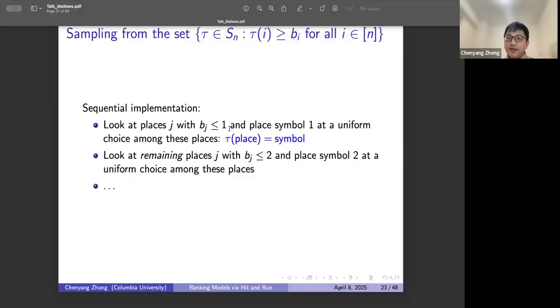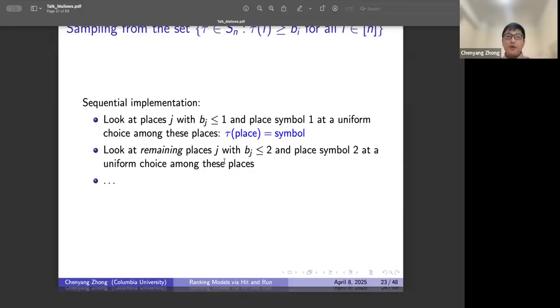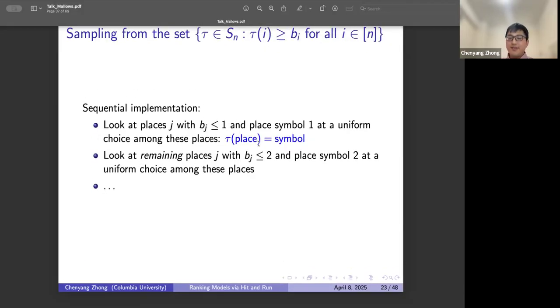And we are going to place the symbol 1 at a uniform choice among those j's. So this means that we pick some j uniformly at random from available locations, and we are going to specify tau j to be equal to 1. And similarly, after we have determined this place j for the symbol 1, then we look at the remaining places j.